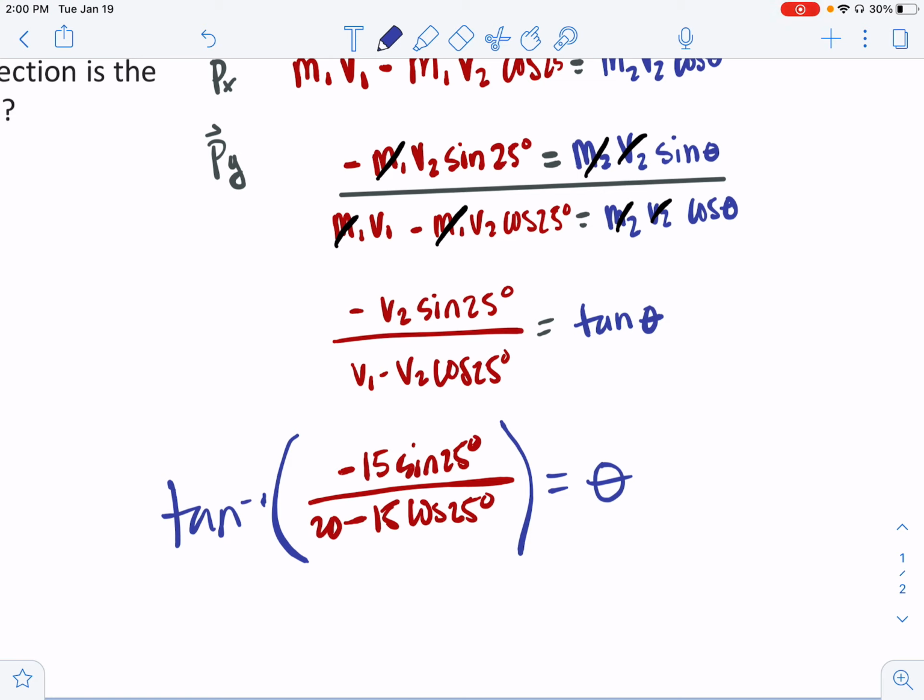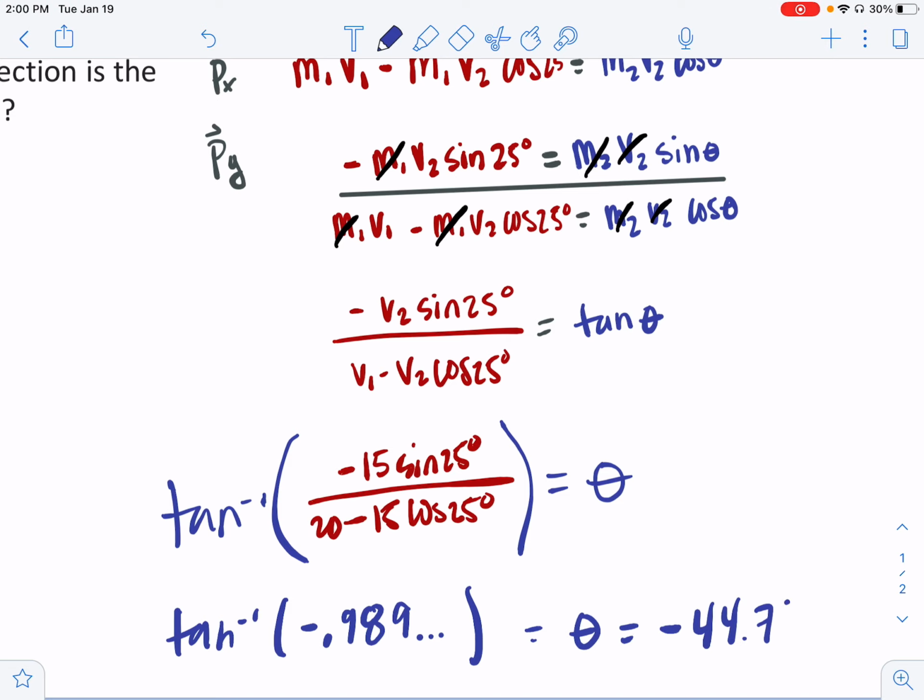So you should get approximately that the inverse tangent is going to be negative 9.89. The number keeps going before you can round. So we're going to take the inverse tangent of that number. And we get a theta of negative 44.7 degrees.